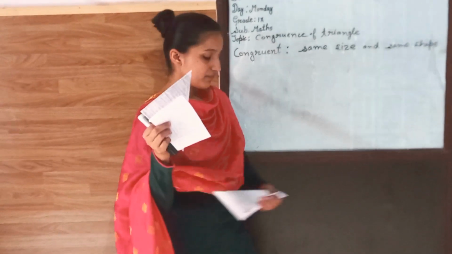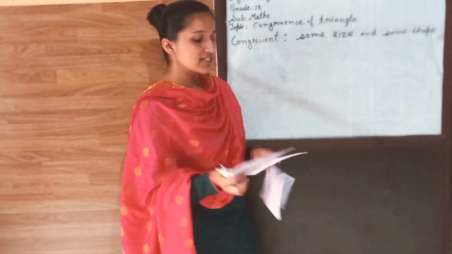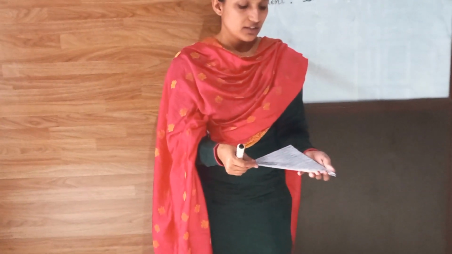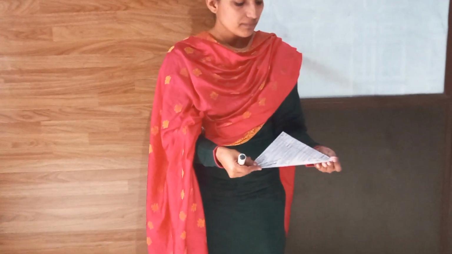But if we have two triangles like this, these have the same shape and we can check their size. If we place one triangle over the other, then we can't see a second triangle.